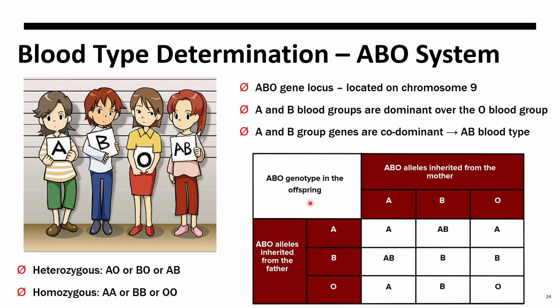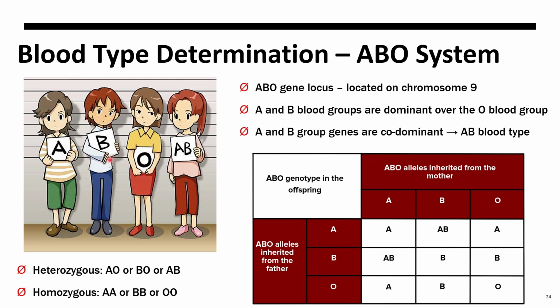These blood types are usually determined by a gene in your chromosome 9. A and B blood types are dominant blood types, more strong. O blood type is a recessive blood type.